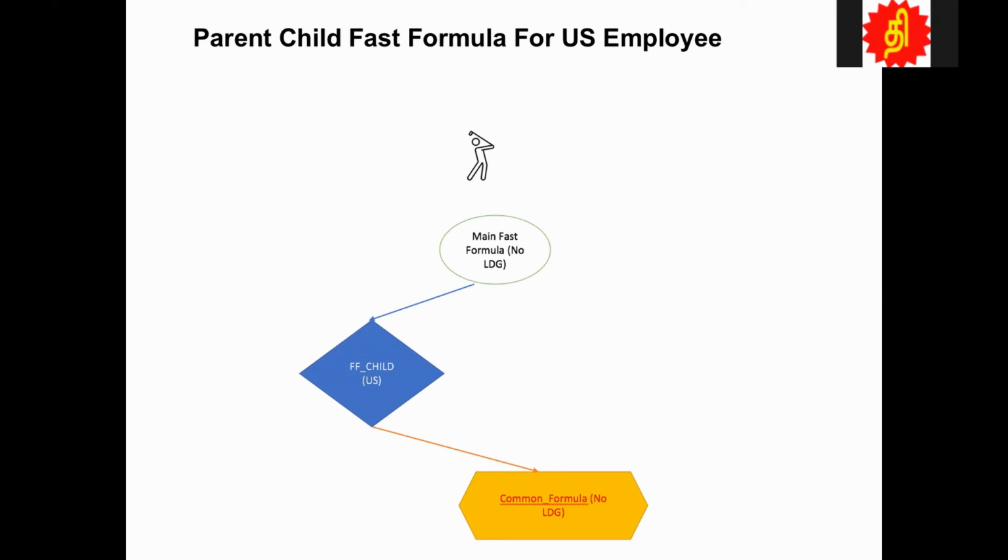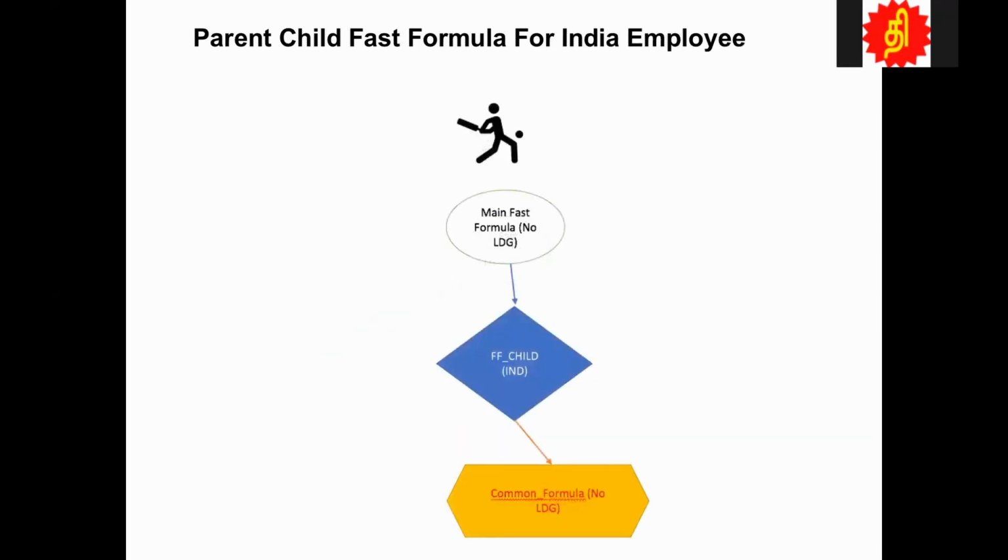So when the main formula calls the child, it only calls the US child formula. In the same way, when Indian employees are processed, they cannot see the child formula from US and UK. So even though it calls f of child, it calls only the Indian child formula.